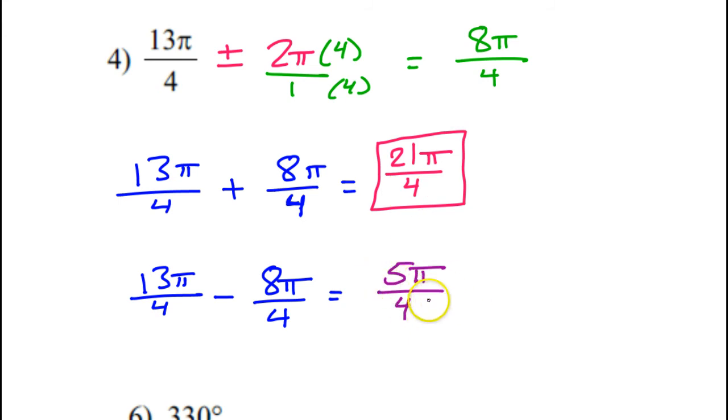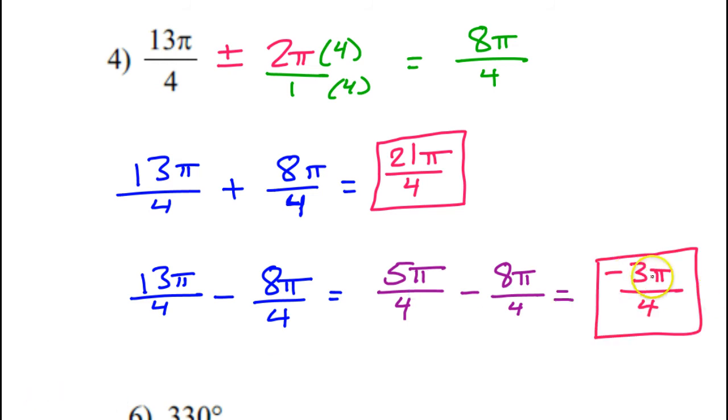So this happens sometimes. That just means we need to keep going. We need to go ahead and subtract 2 pi again. In other words, I'm going to subtract 8 pi over 4 again. So sometimes you have to keep going to get to the negative or the positive that you're looking for.